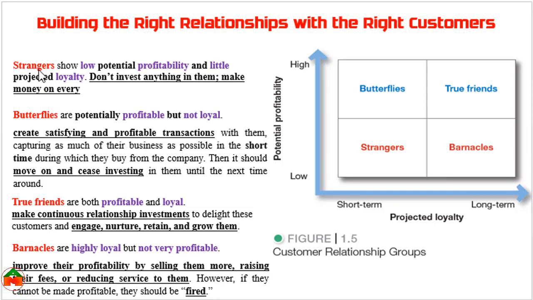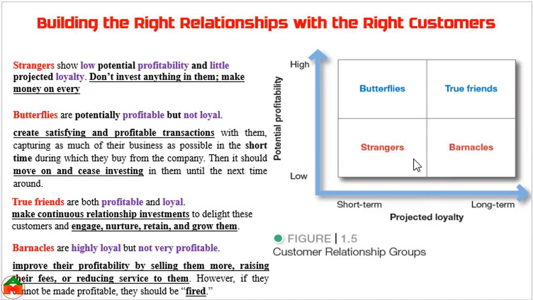The customers under this stranger category provide low profitability and their loyalty is short-term. In that case, the company should adopt a strategy of not investing anything in them and make money on every purchase from those customers.